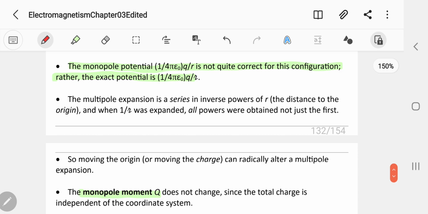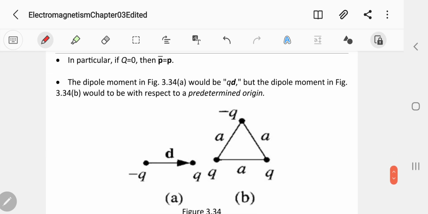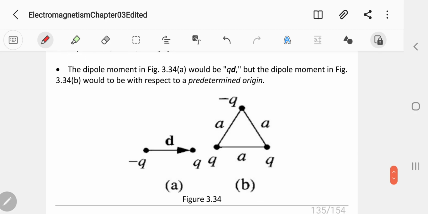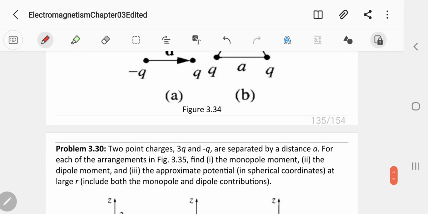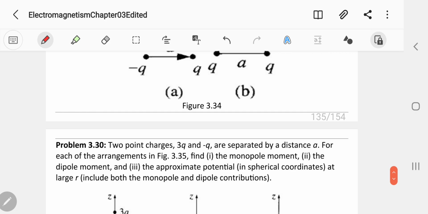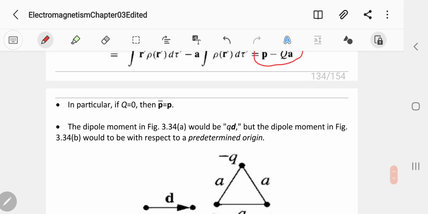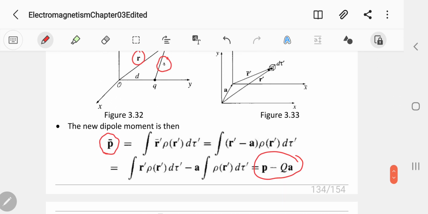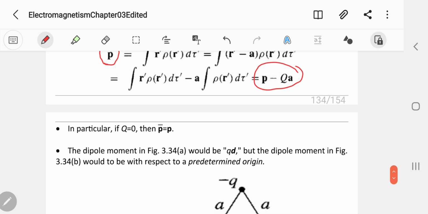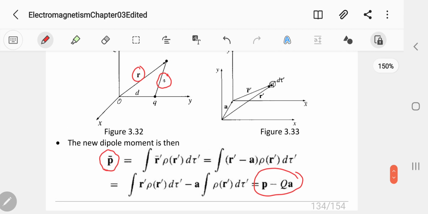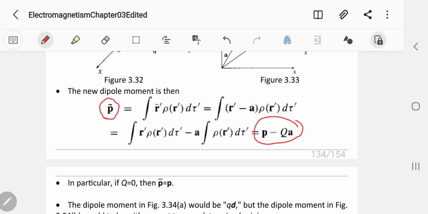Now, this is the dipole moment. So anyway, if the total charge of a configuration is Q, then you have this.